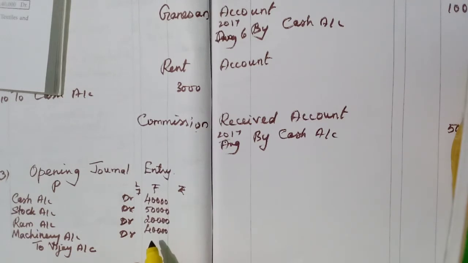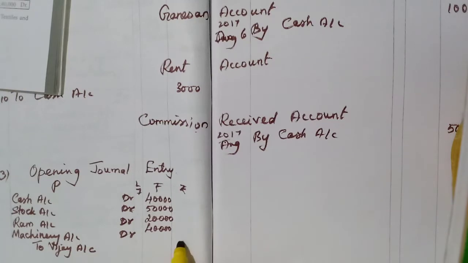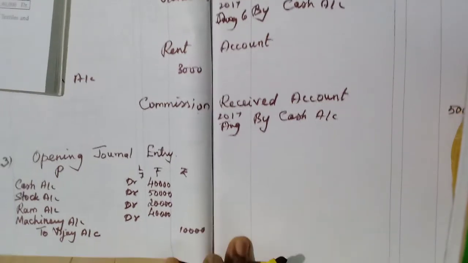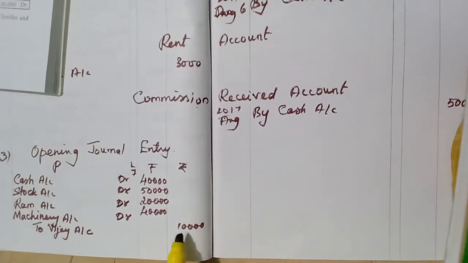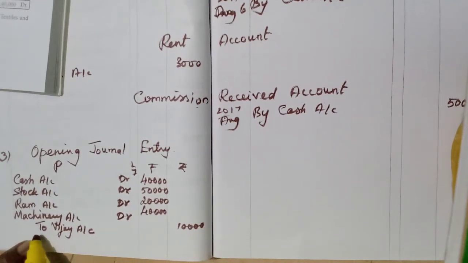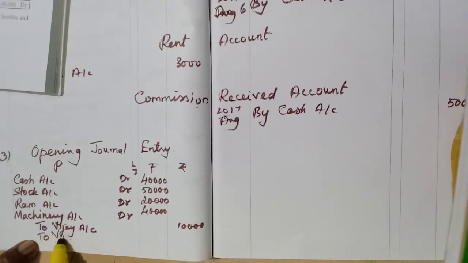Now Vijay 10,000, that should be credited. Now you see, here the amount differs. Here 10,000, here many thousands, isn't it? So the difference we need to calculate, and the difference will be written as to Vinod's capital account.